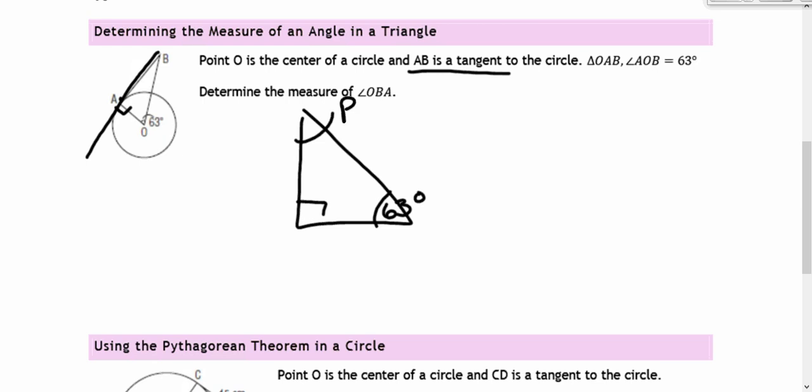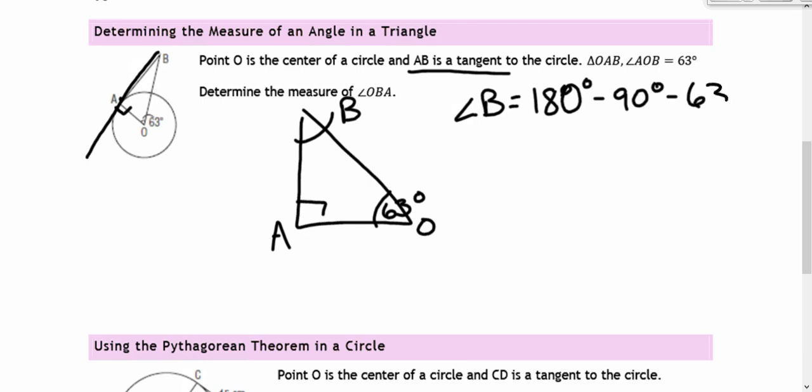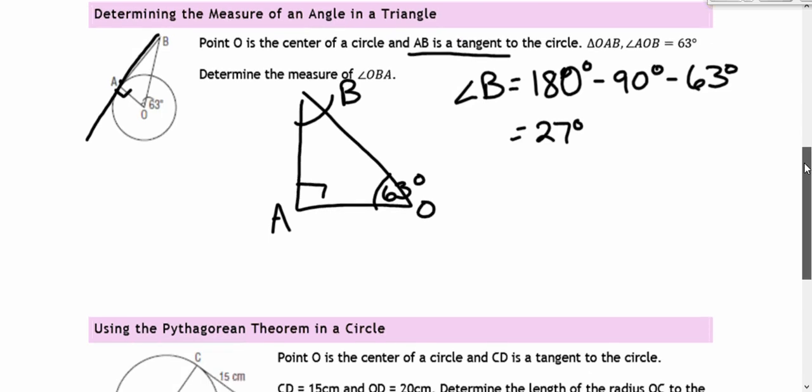If I want to find the measure of angle B, it becomes just using our 180-degree property, which is how many degrees there are in a triangle, minus our 90 degrees, minus our 63 degrees. That leaves us with 27 degrees. So if you can recognize that the line is tangent to create the right angle that you need, these questions become really quite easy.